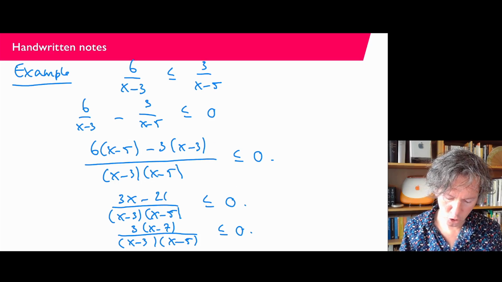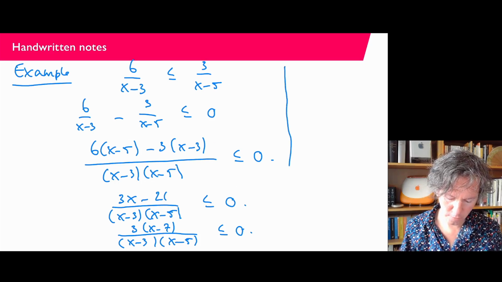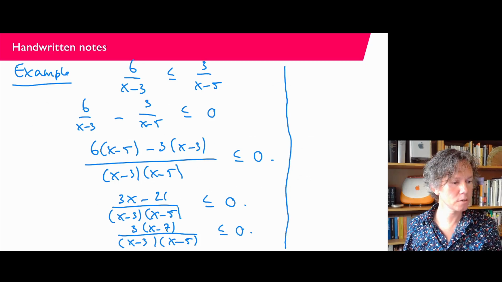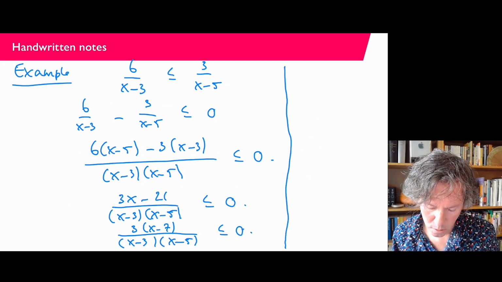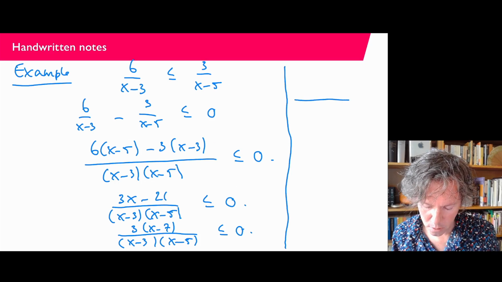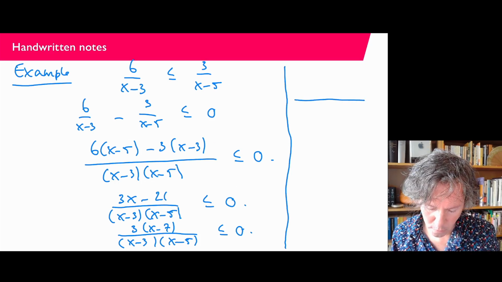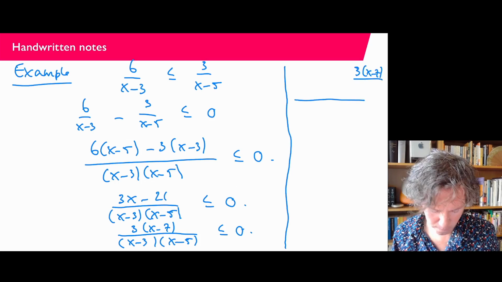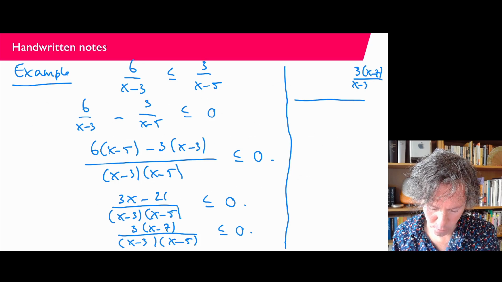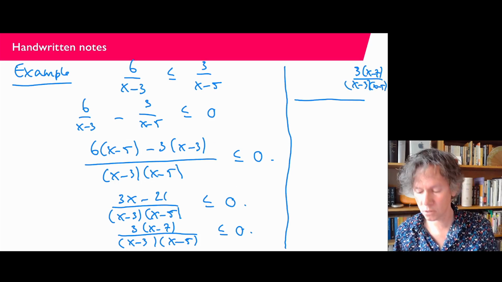Now I can squeeze the sign chart on this slide, I think, without making it too cramped. So here I put 3 times x minus 7, x minus 3, x minus 5, the expression we're interested in.